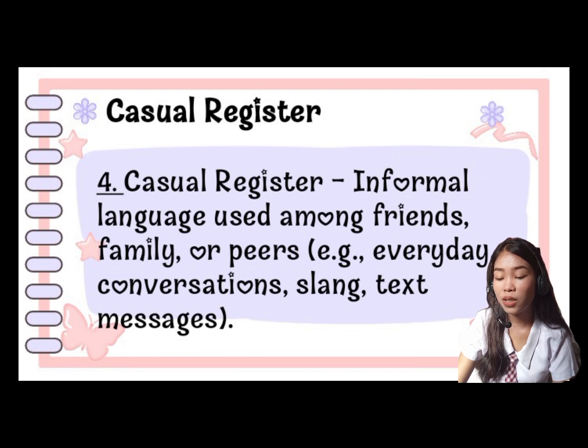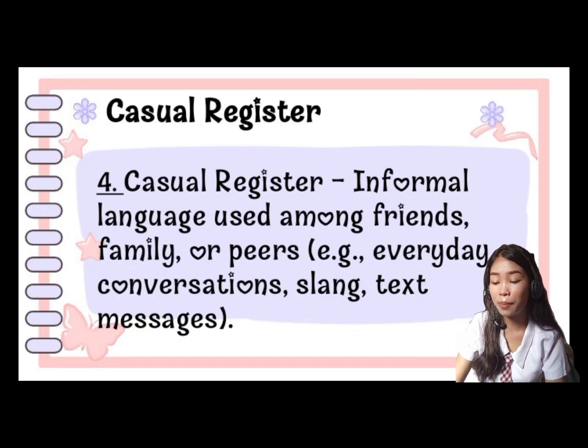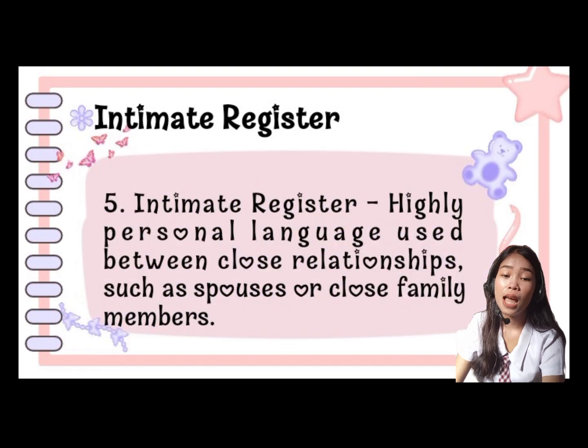Unlike formal or consultative registers, casual language does not require strict grammar rules or professional tone. Informal language used among friends, family, or peers. Examples, everyday conversations, slang, and text messages. That was the casual register.